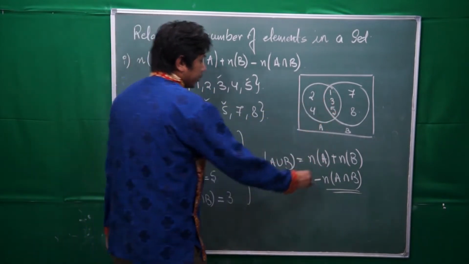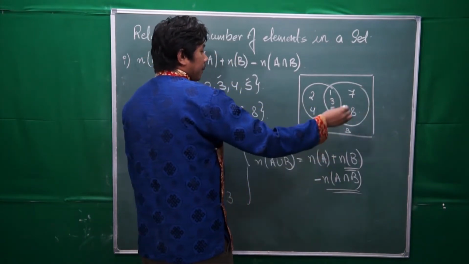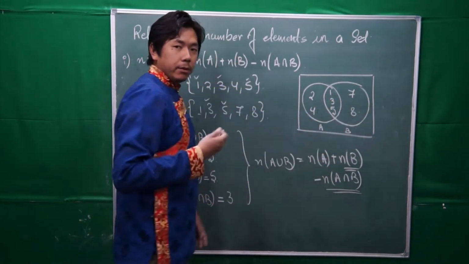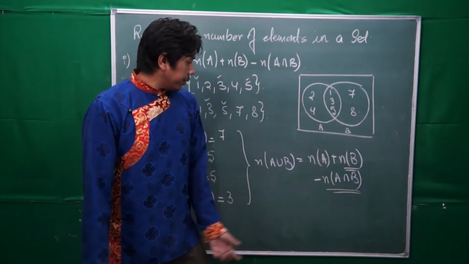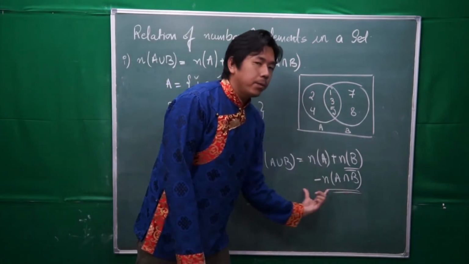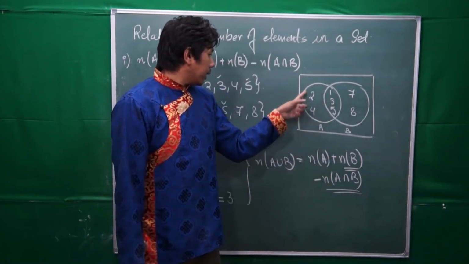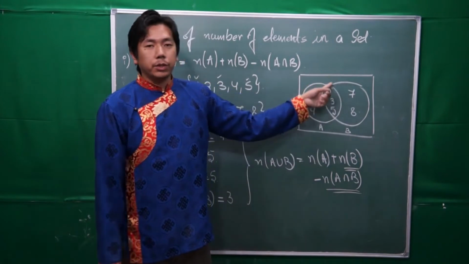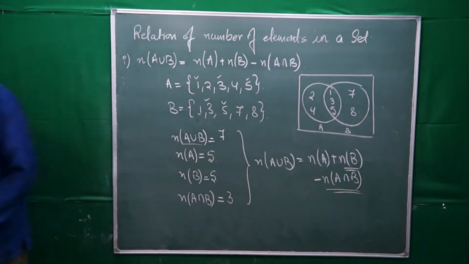Now, if you add the number of B as well, then what is happening? This is again counted. So there is twice addition of these 3 digits count. So to subtract this count, we are subtracting this value. After subtracting this value, we get this whole region, which is the union operation. Simple. Okay.